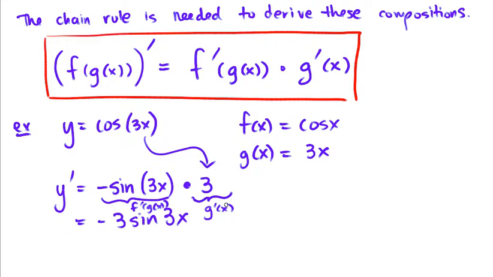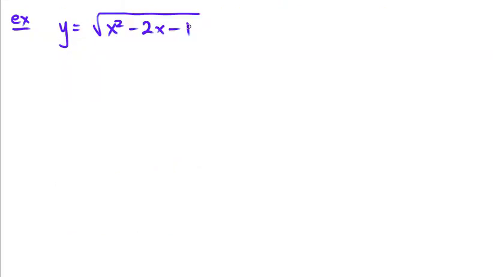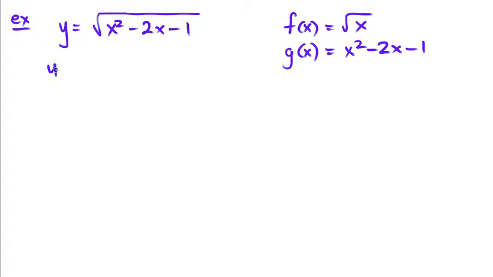Take a look at another example. Finding the derivative of this function is very much like the composition of the square root of x, but g of x is the inside part, x squared minus 2x minus 1. To do square root functions, we think about them as functions to the power of 1/2.